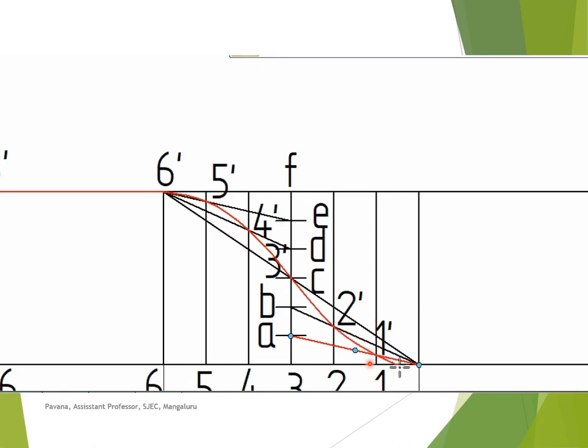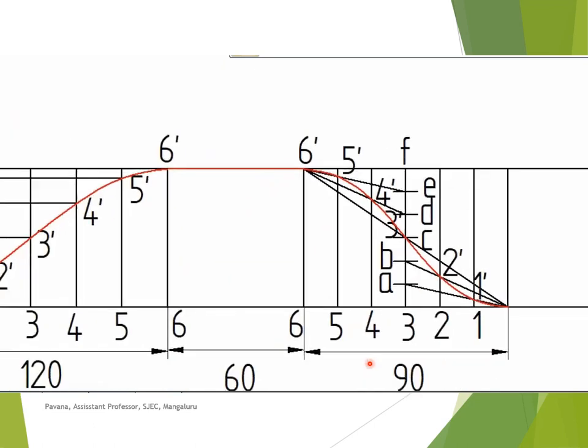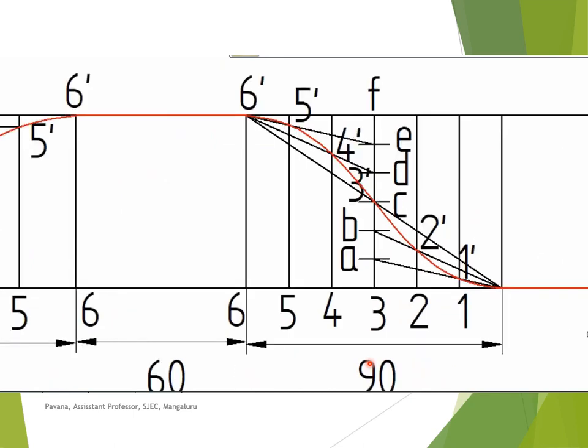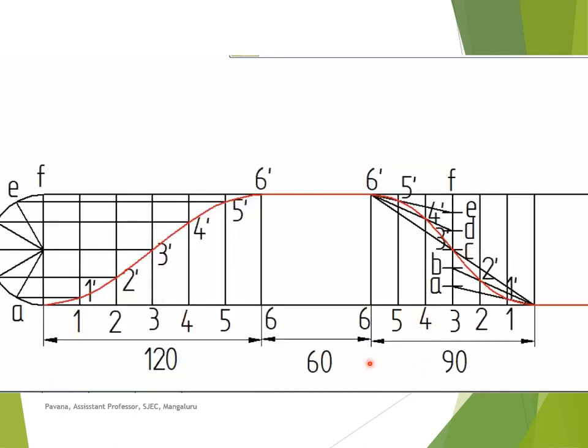The follower is coming back to the home position. So this way you have to join all that intersection points. This completes the second type of motion, that is UARM, the return stroke. Okay, so last it is dwell, so just continue the line constant. So this is how the displacement diagram is drawn.